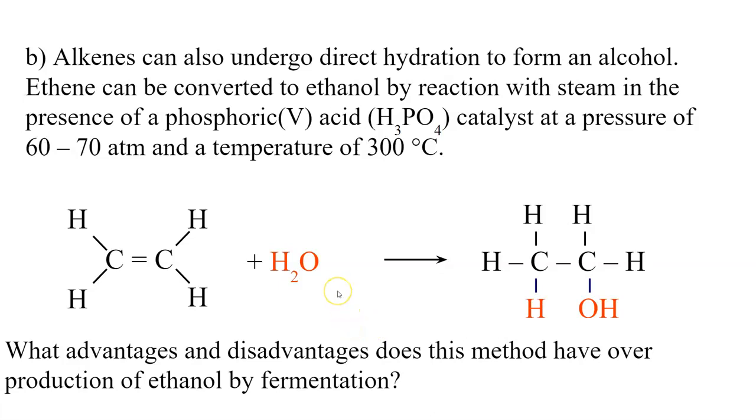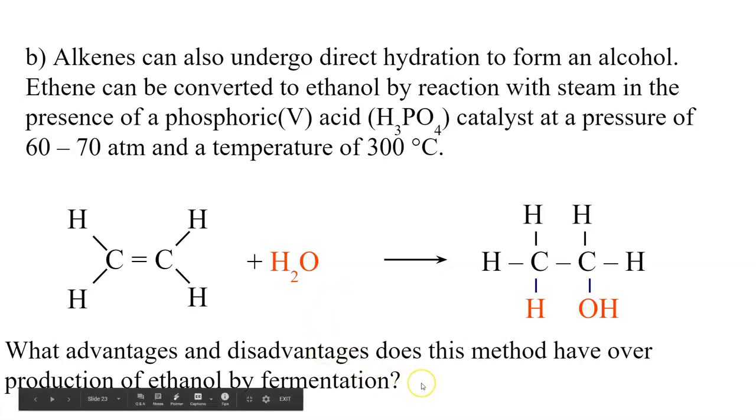Comparing with fermentation, fermentation takes several days to do, and fermentation is a batch process. But fermentation is done using sugars, and sugar, of course, is a renewable resource. Okay, so that's the sort of random question you might just get come up in your exam. It's not clear on the syllabus that you need to know that, but it's something definitely worth thinking about, maybe for one of those strange nature of science questions or whatever.